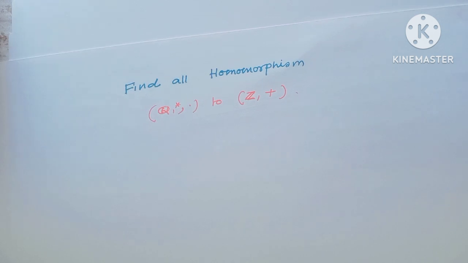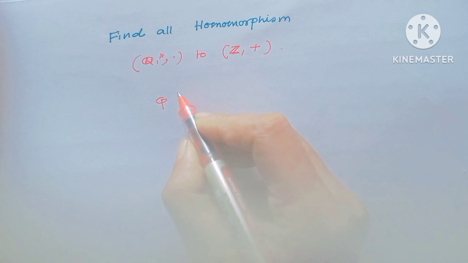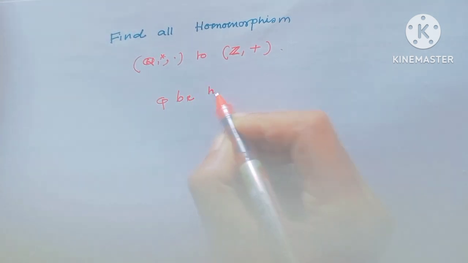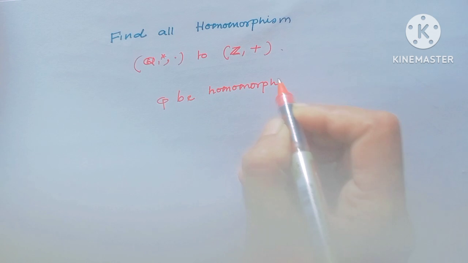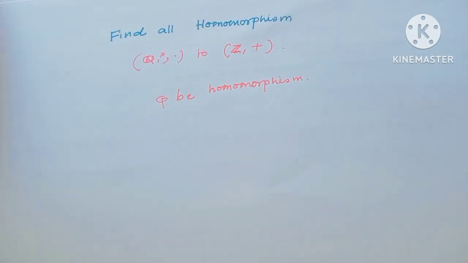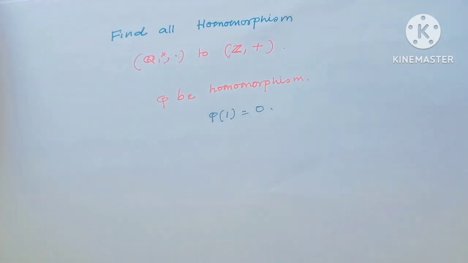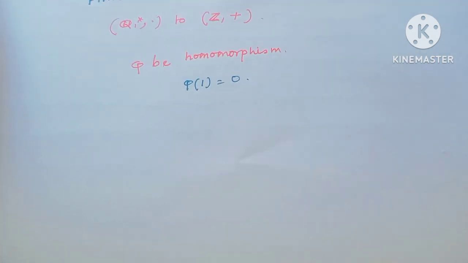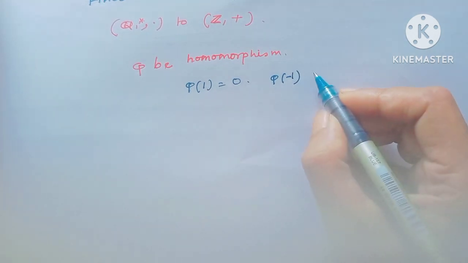Consider for this phi to be a homomorphism such that phi of 1 equals 0 and phi of minus 1. How would phi of minus 1 be?